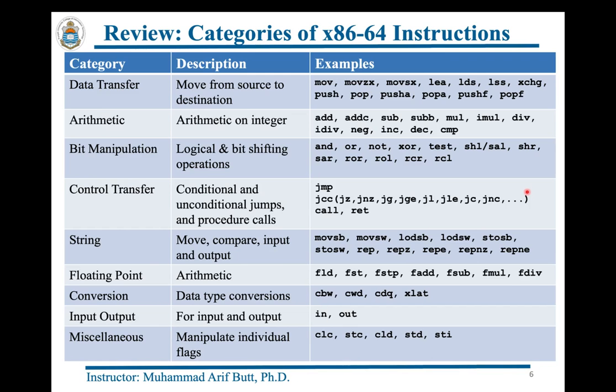And this slide shows the categories of x86-64 instructions that we are going to study in this course. We are done with the data transfer and the arithmetic instructions, and today we will start with the bit manipulation instructions, and in this category we will discuss the logical instructions today.